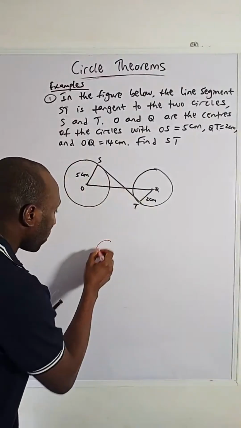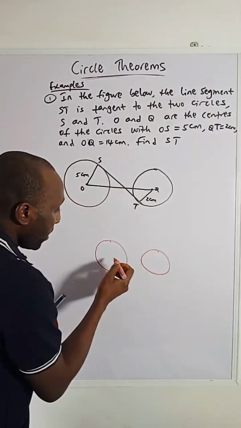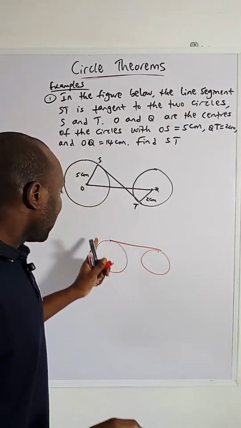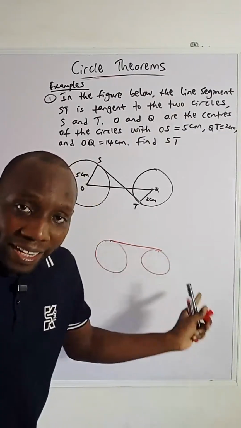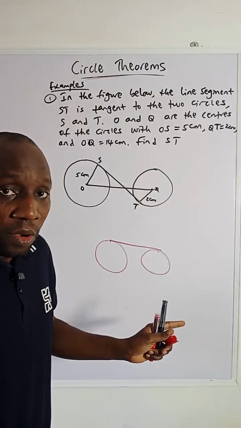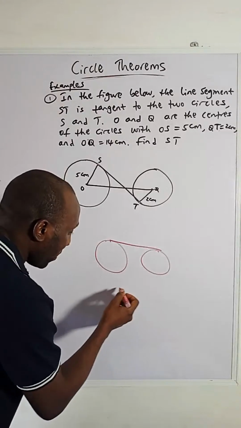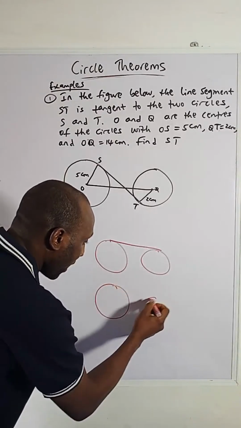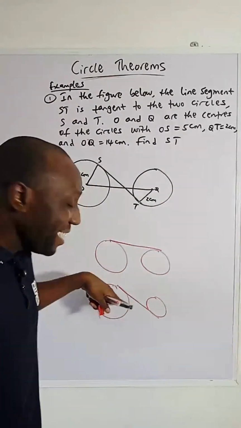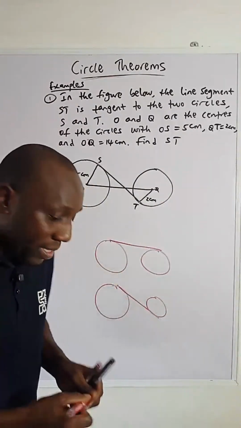See, if you have two circles like this, right? If the tangent is going from here to here, this is a direct tangent, direct common tangent. But if you have something like this, going from here to here, this is transverse.